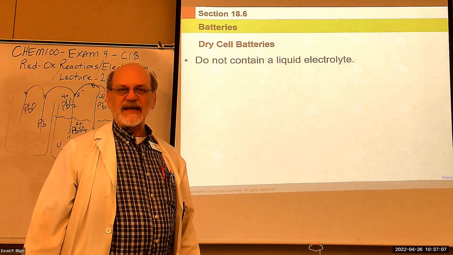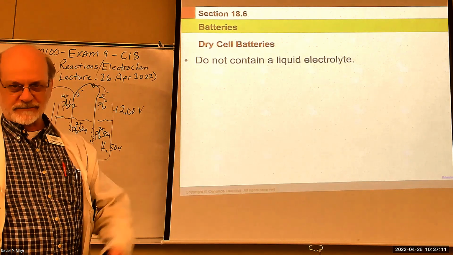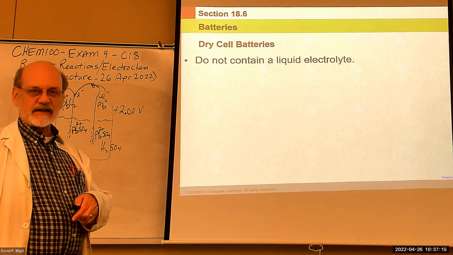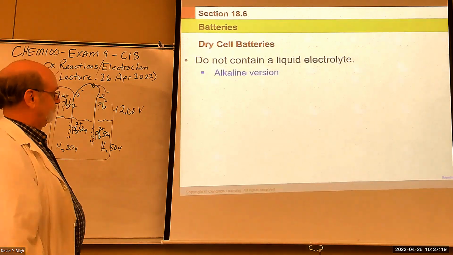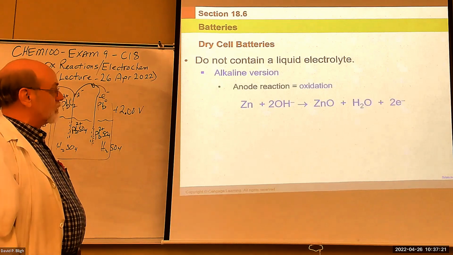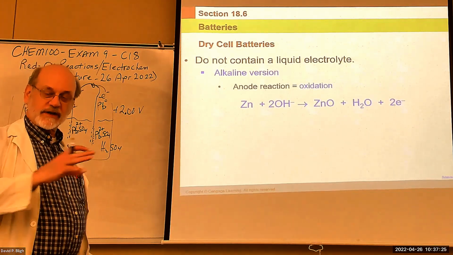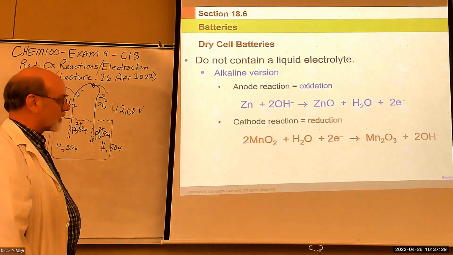What they have is sort of a paste. It's an absorbed liquid. Easier to handle, less likely to spill. There's an alkaline version also, which also uses zinc, but this one is in basic environment, hydroxyls.